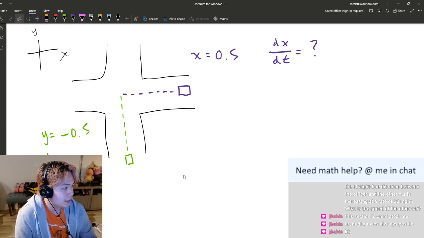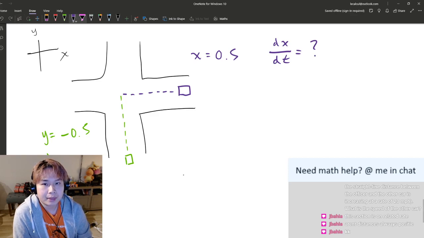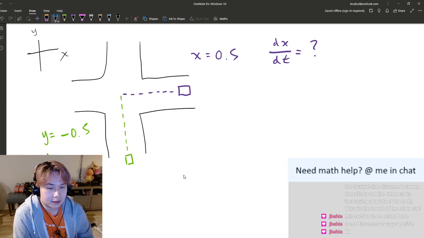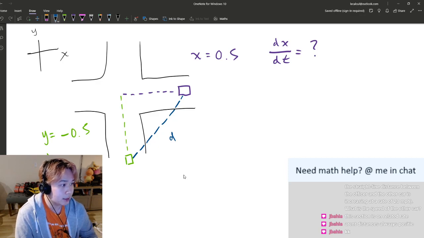The officer's radar gun indicates 20 miles per hour when pointed at the other car. That is, the straight line distance between the officer and the car is increasing at a rate. So the police guy uses his radar gun, and let's call this the distance between the two cars.